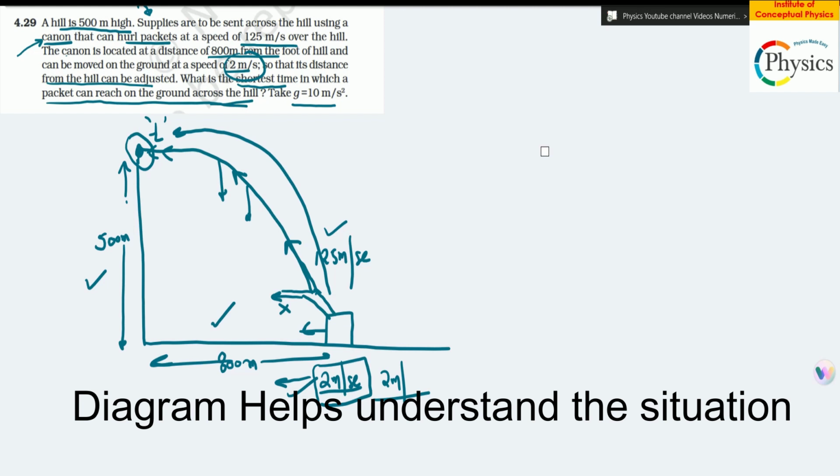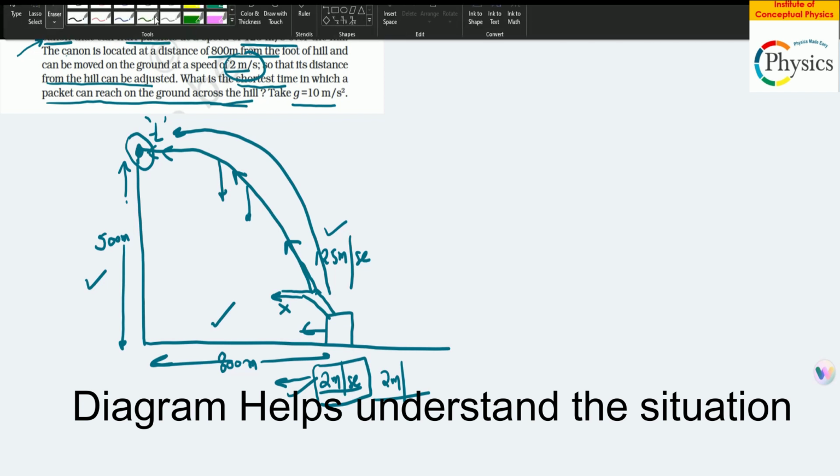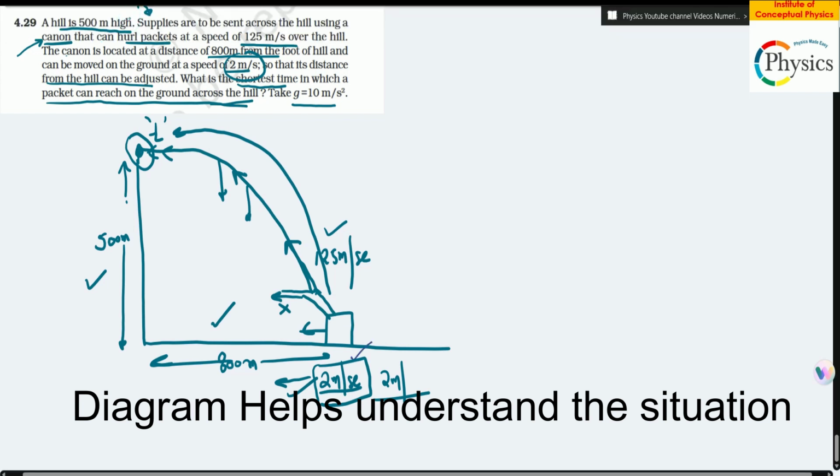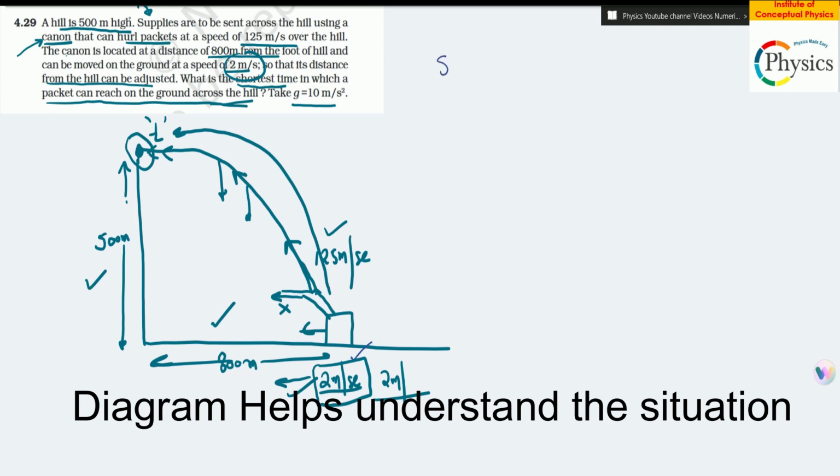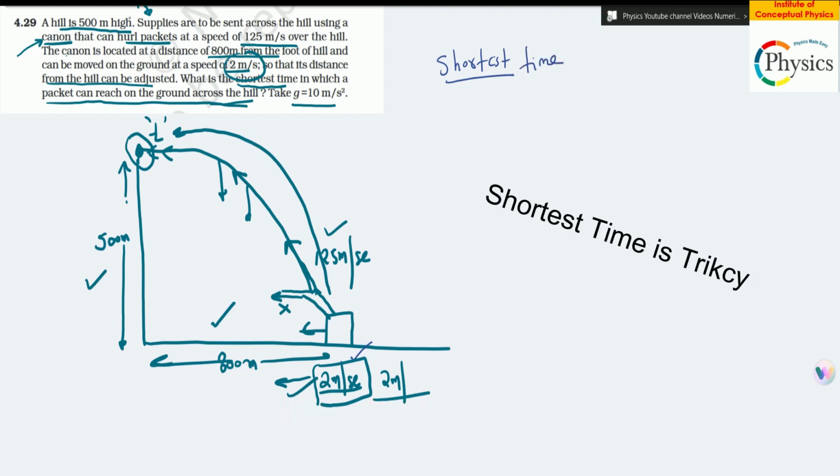You're allowed to move this cannon. Now, the trick in this question is, what is the meaning of the word shortest time? Because you want the supplies to reach the soldiers as soon as possible, so you want this to be done in a very fast manner.